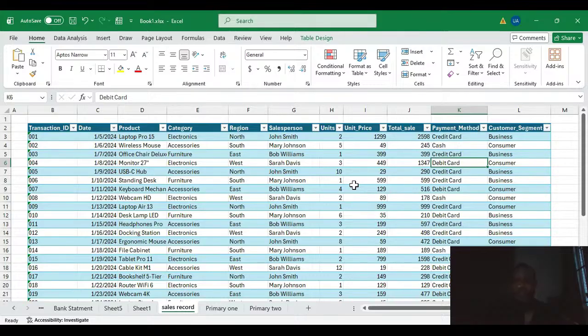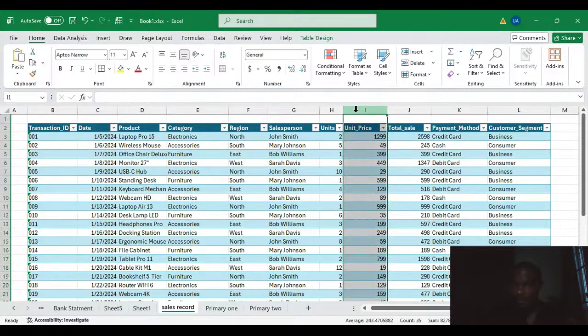Yes. So it doesn't mean that this is the only way you can analyze data, but at least it makes more sense when you actually make use of it. So I can compare these products with unit price. I can compare products with total price, and it's going to give me something that makes sense. So whenever you are doing your analysis, just make sure that you have them inserted.